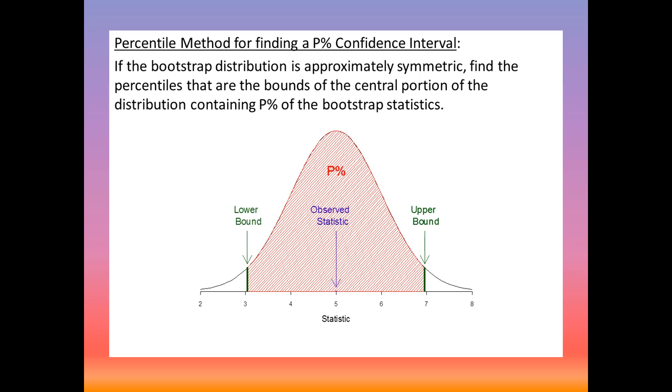This slide has the potential to look a little abstract, but it's really not too bad. If your bootstrap distribution looks roughly like that picture, where it's symmetric with a single peak, you can find a confidence interval where the confidence level is different than 95% by using percentiles. Essentially, you have to find the cutoffs so that the central region, which is shaded in red in the picture, matches your confidence level.